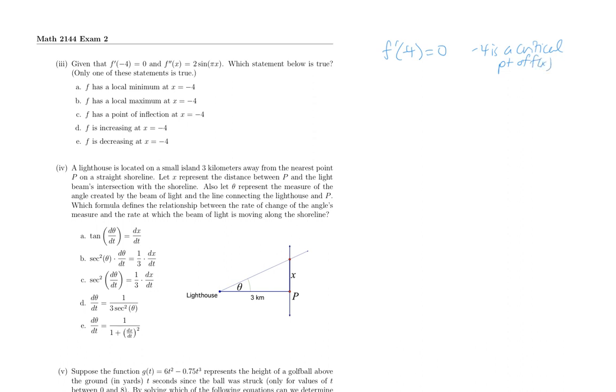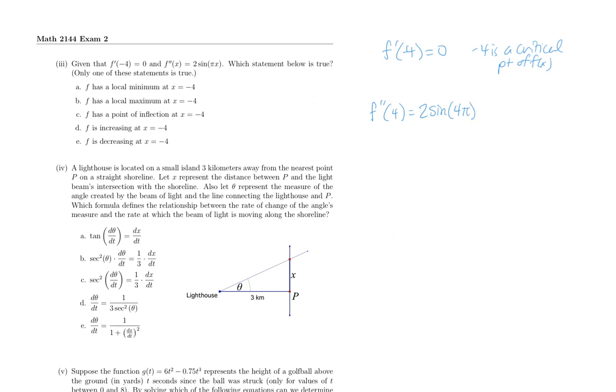So it's a possible max or min or maybe an inflection point. So what I want to do is check by the second derivative test what f double prime is at 4. So it's going to be 2 sine of 4 pi.